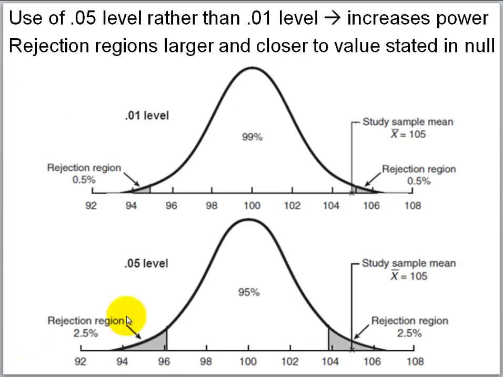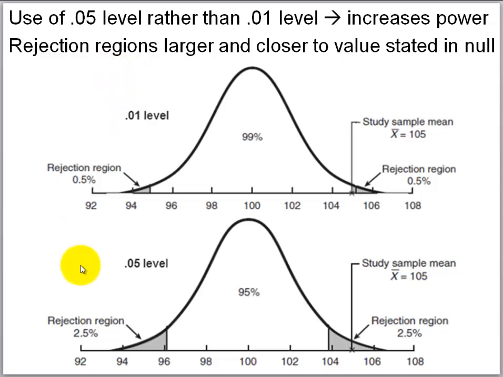Continuing on with factors that affect power. Use of the 0.05 level rather than the 0.01 level increases power. What happens is that the rejection regions become larger and closer to the value stated in the null.